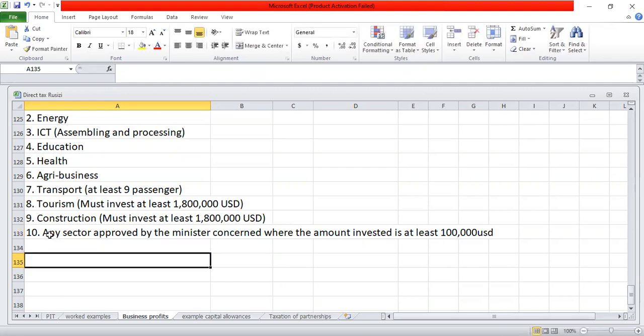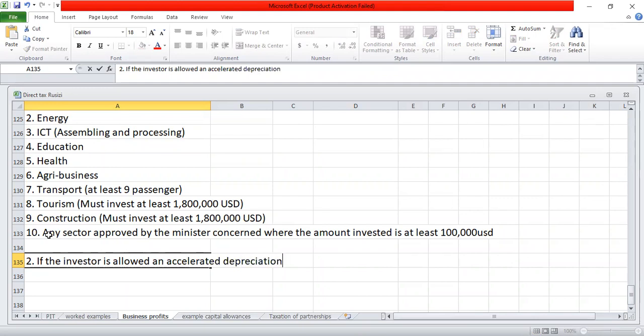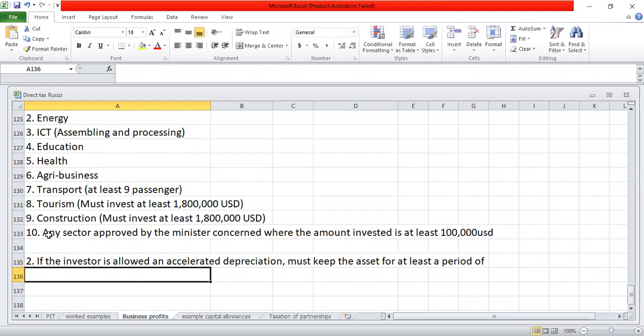Another important condition, I don't know, I've numbered badly, I think. Another important condition is that if the investor is allowed an accelerated depreciation, must keep the asset for at least a period of 3 years.